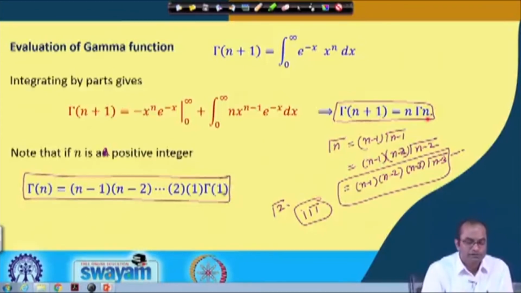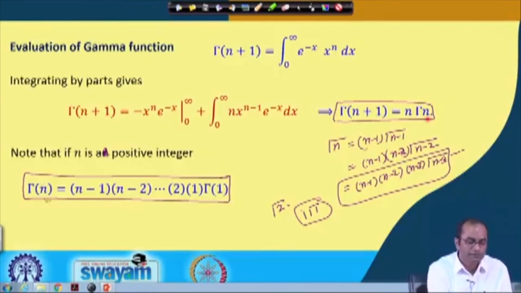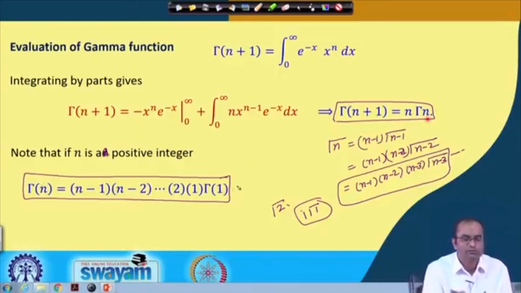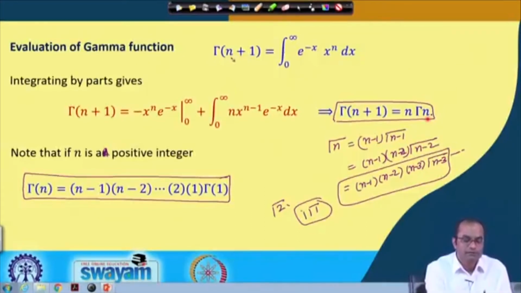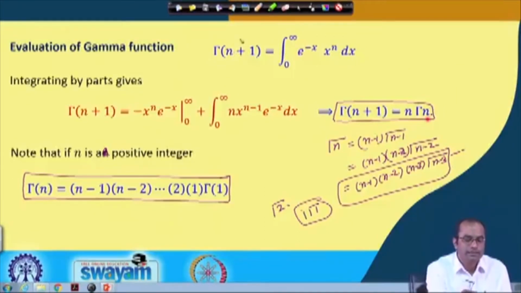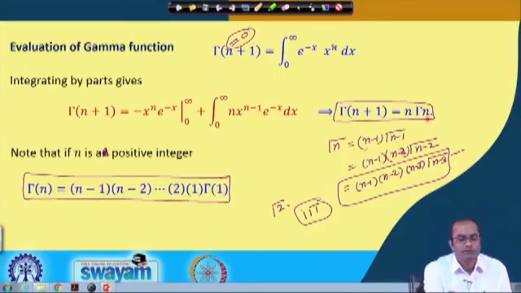When n is a positive integer, the gamma 1 we can easily compute now, because this was a positive integer and we are just reducing by 1. So, we will end up with this gamma 1 naturally. This gamma 1, if we see from the integral, when we substitute n is equal to 0 in the integral, this term will disappear.